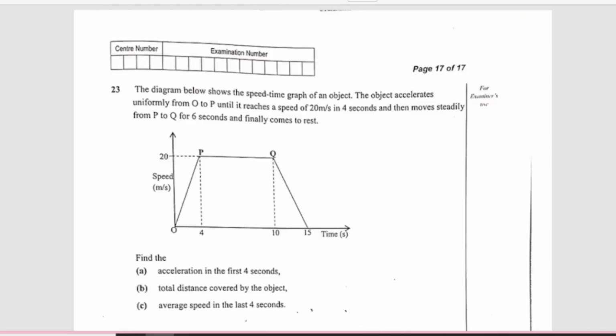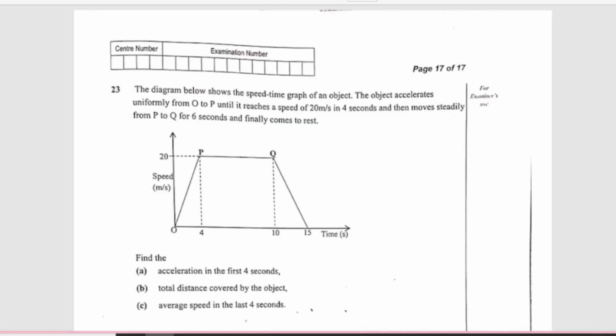The object accelerates uniformly from O to P until it reaches a speed of 20 meters per second in 4 seconds, and then moves steadily from P to Q for 6 seconds and finally comes to rest.